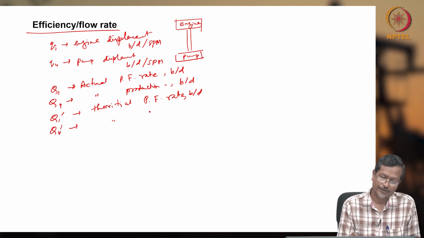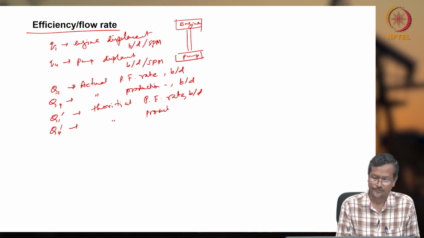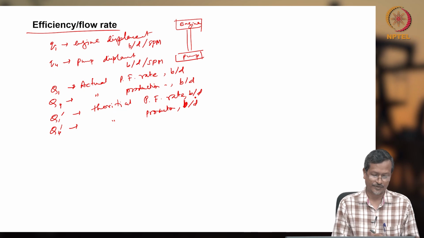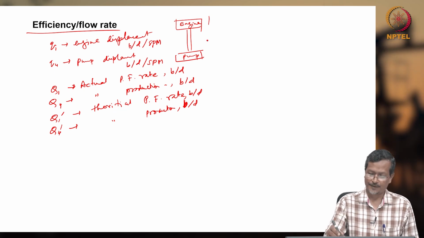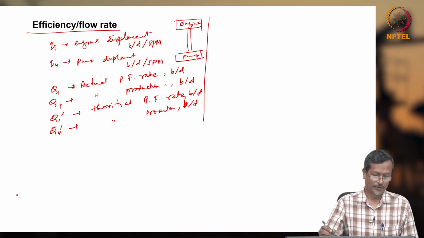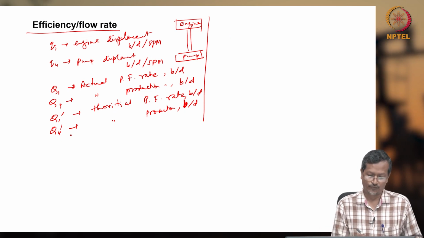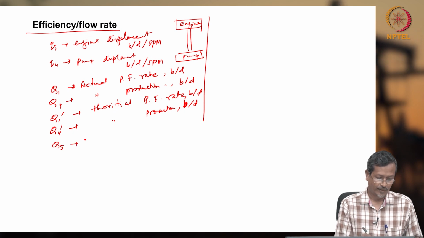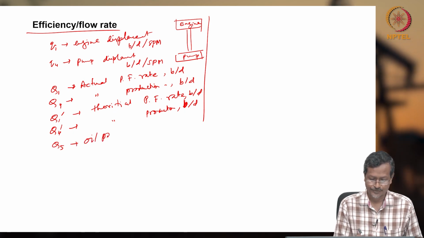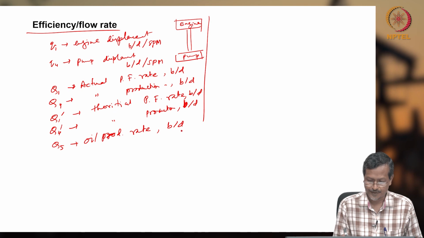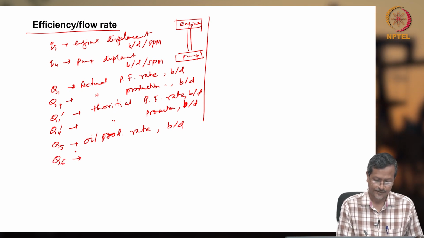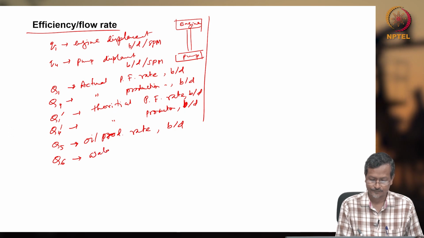Q4 dash is the theoretical production, barrel per day, B per D, small b capital B. There is no uniformity yet, actually many books write different ways. Now Q5 is oil production rate, barrel per day. Q6 is water production rate, again barrel per day.